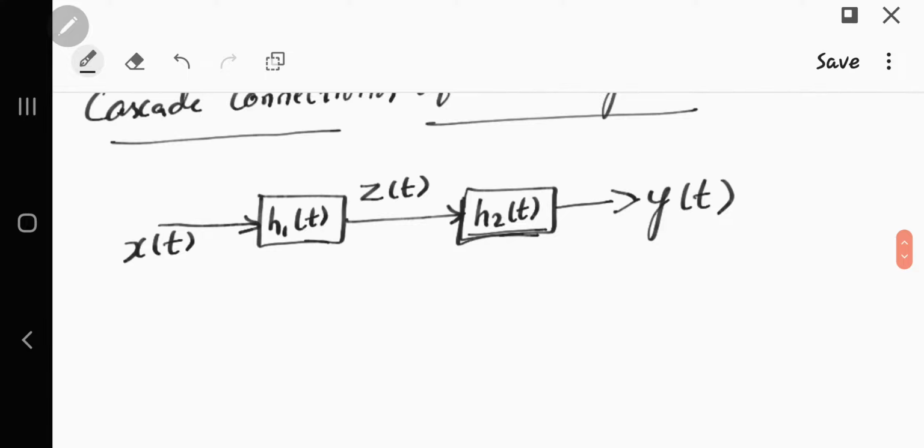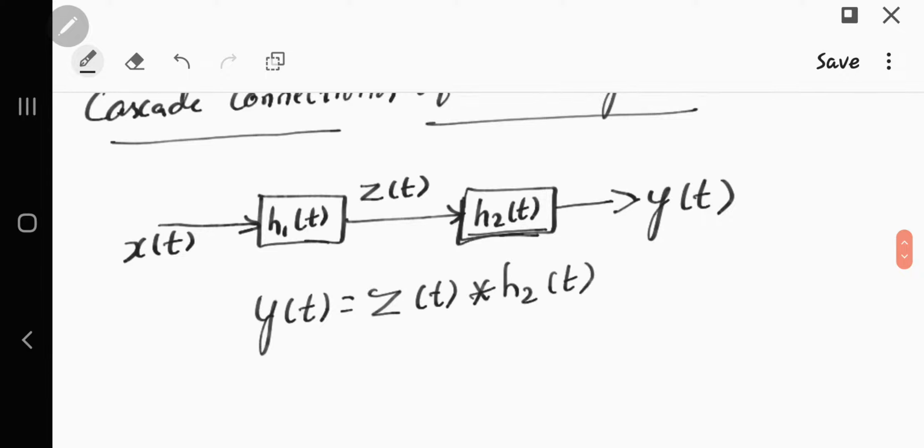Now, this z of t is an intermediate signal. So, how do you define y of t? For this y of t, the input is z of t. So, y of t is z of t convolved with h2 of t. Let us call this equation 1.